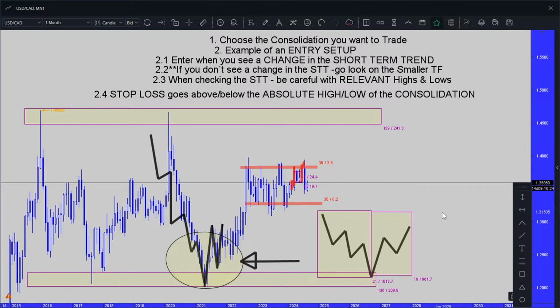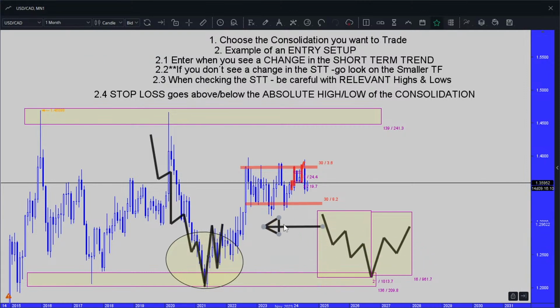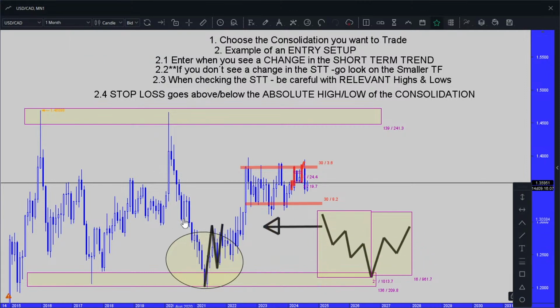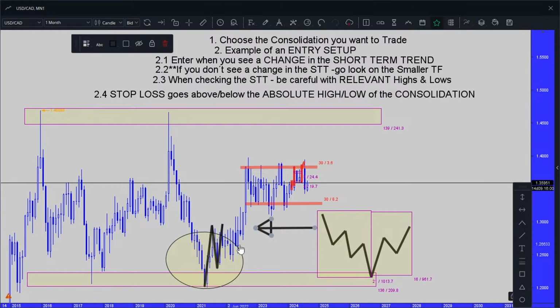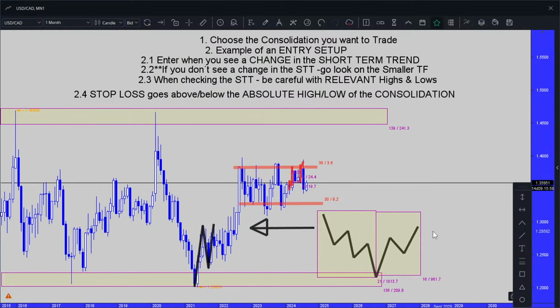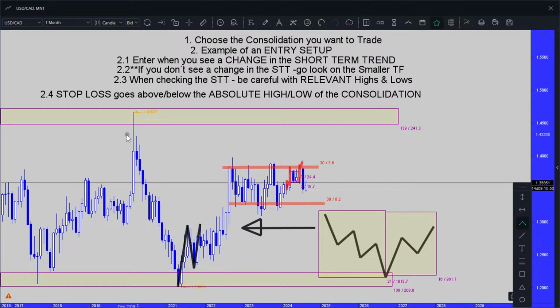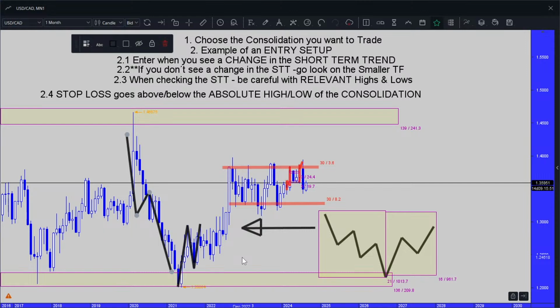You need to see both sides of the story, not just one. So if this is the rule and I'm on the USD CAD monthly chart, we do have low to high, high to low, low to high, but we don't have, everybody, lower lows, lower highs. Does this make sense?